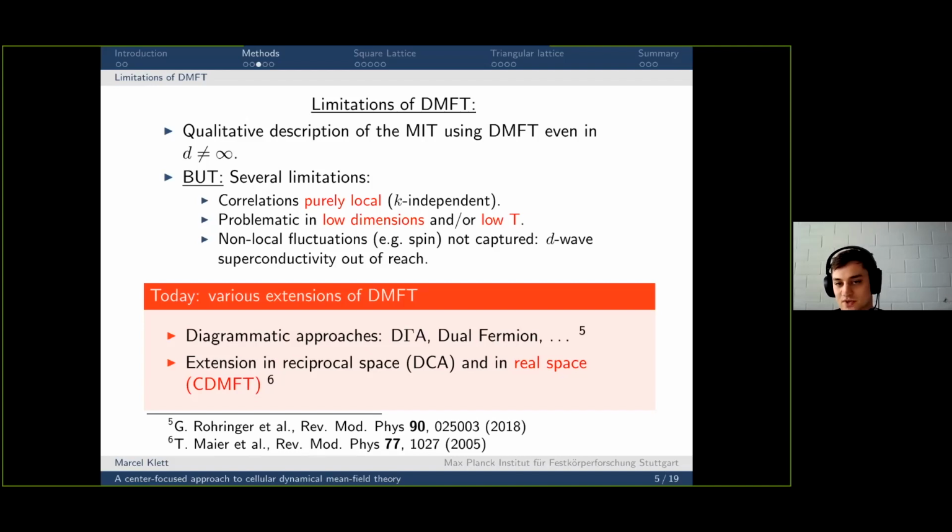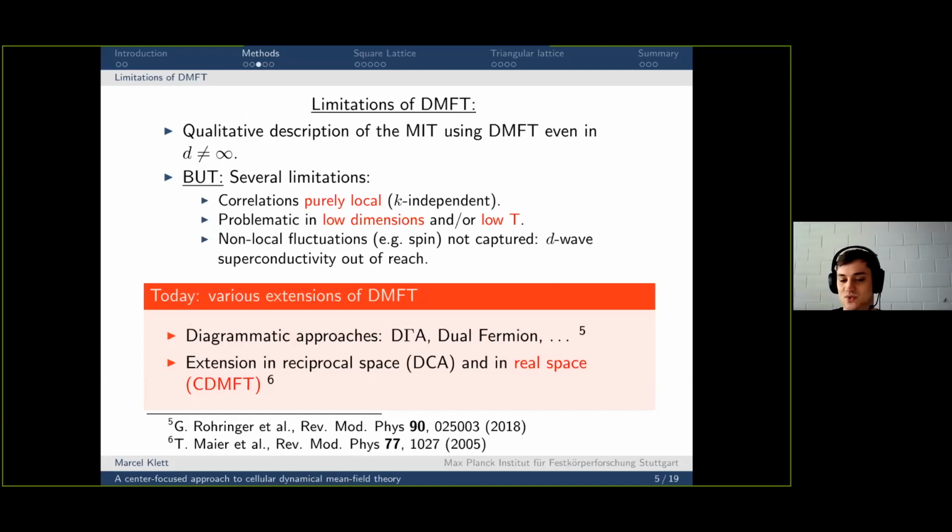So a lot of people in the last years and decades basically took DMFT as a starting point and tried to extend this idea of DMFT. And today there are basically two routes known. On the one side, we see diagrammatic approaches, which include theories like the D-Gamma-A method, dual fermions, dual bosons.